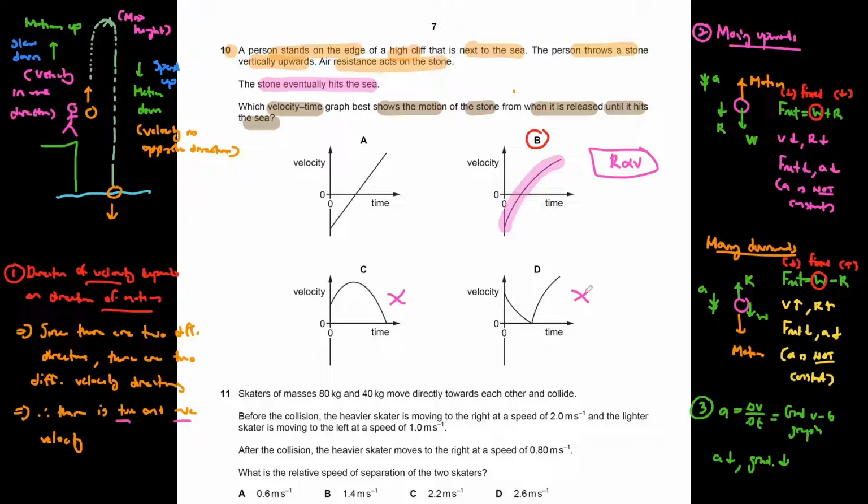This is the correct one. It's showing you that your acceleration is not constant. It's showing you that your acceleration is changing. Okay, so the answer here is B. And one thing I should probably mention is that the negative velocity here is you moving up. The positive velocity here is you moving down.